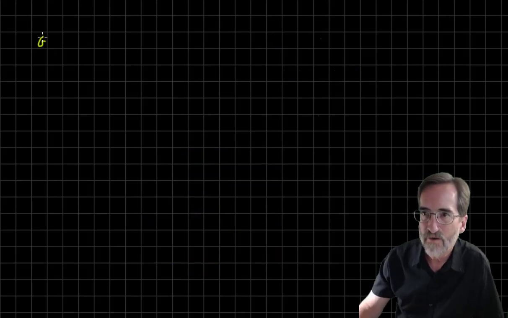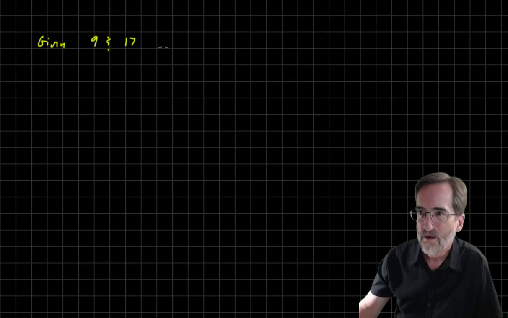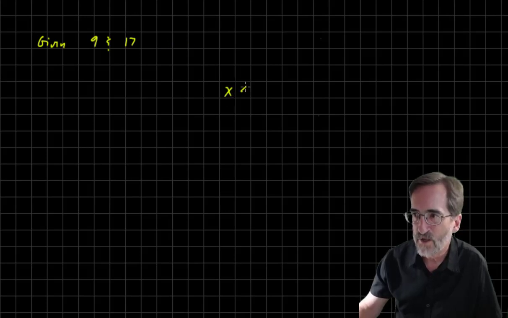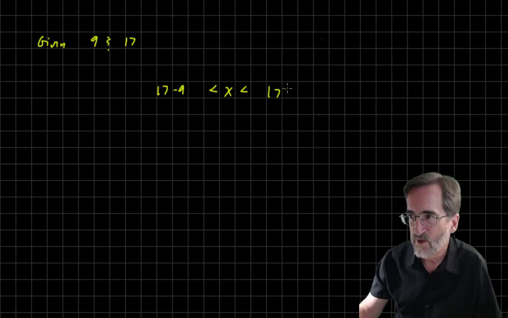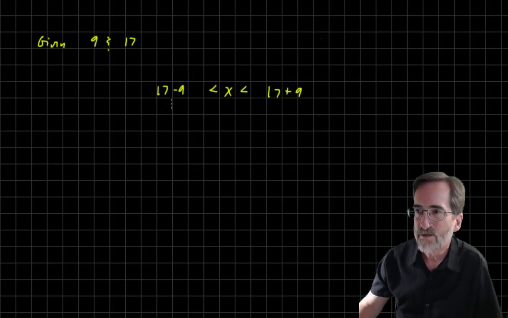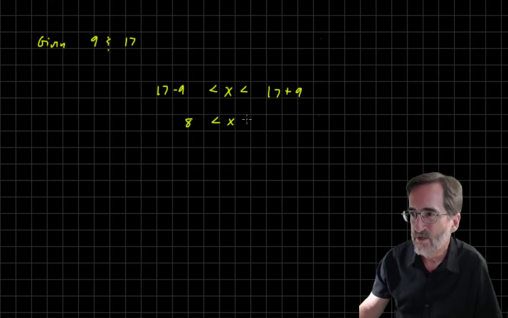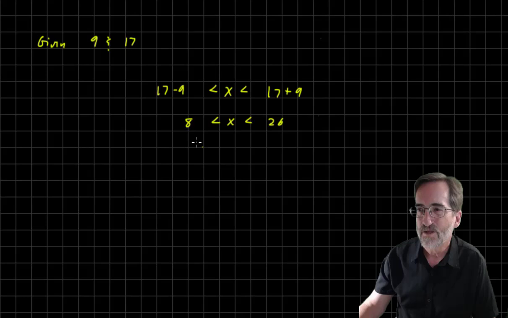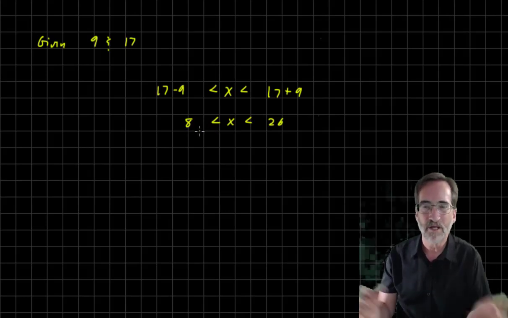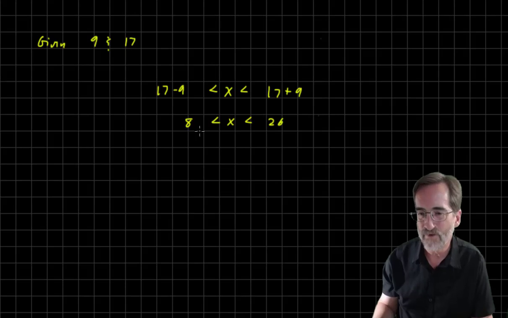If we're given 2 sides, 9 and 17, then the third side can be between, on the low end, 17 minus 9, and on the upper end, 17 plus 9. 17 minus 9 is 8, and 17 plus 9 is 26. Okay? And so x, our third side, has to be between 8 and 26. So it has to be between the sum and the difference.